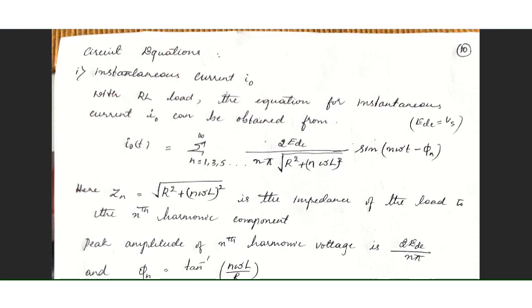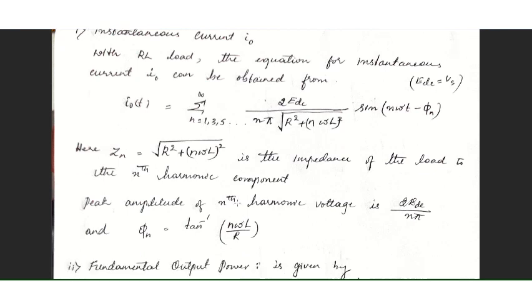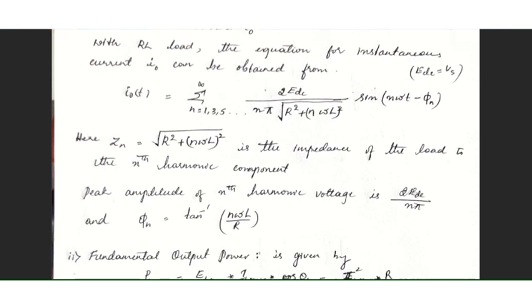The instantaneous current i naught is given by a relation similar to the R load of the half bridge inverter, but observe that in the denominator you have Zn, the impedance of the load to the nth harmonic component. The peak amplitude of the nth harmonic voltage is given by 2 EDC by n pi.